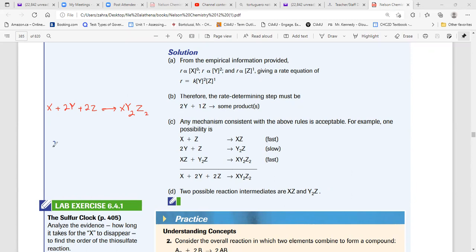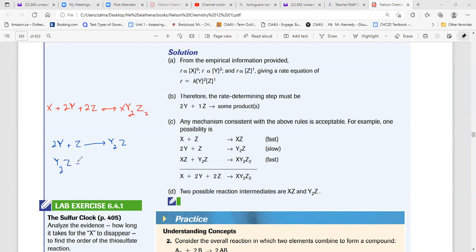So we have that one for sure: 2Y plus Z gives you Y2Z. Since you don't have Y2Z in the final equation, of course, you need another step to make sure you consume it.